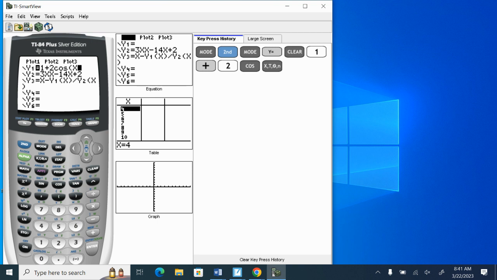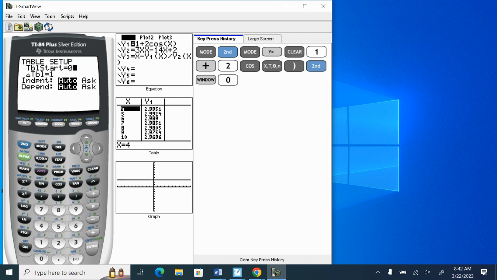Now, it doesn't give you theta, which is fine. It gives me just my x, but all I'm worried about is getting y values here. So I could do one of two things. If I go to my table setup, I'm going to start at 0 and increase by 30s.